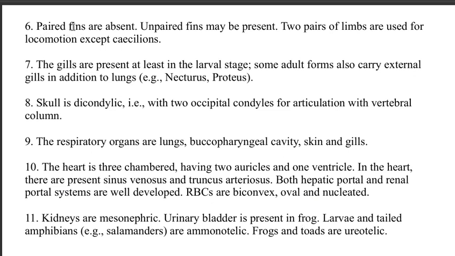The paired fins are absent, and unpaired fins may be present in some amphibians. There are two pairs of limbs used for locomotion, except in Caecilians, in which limbs are absent.